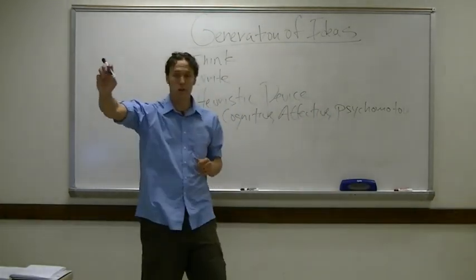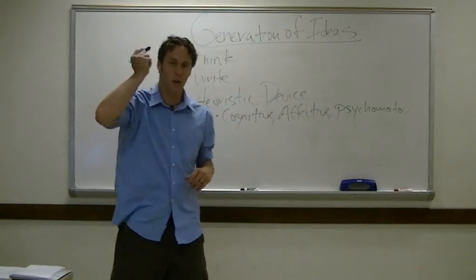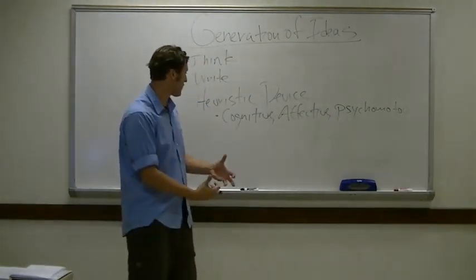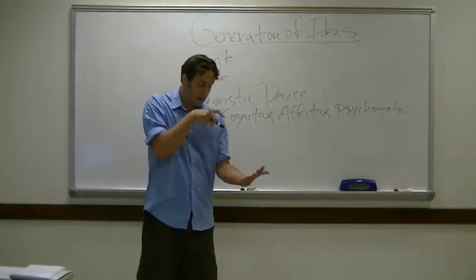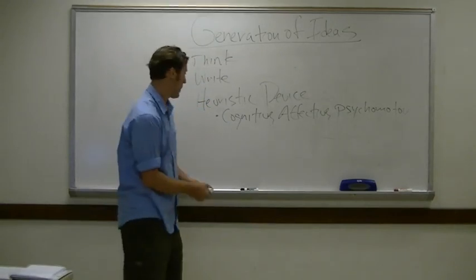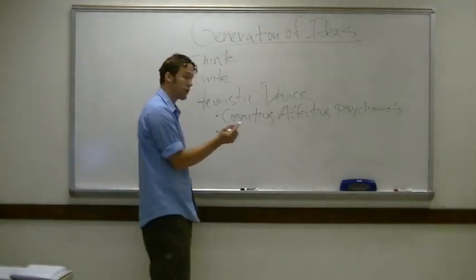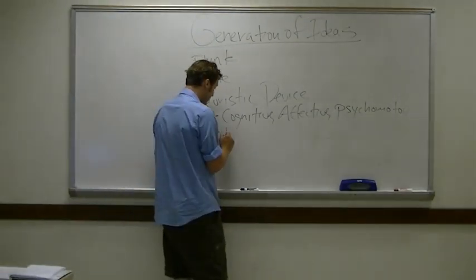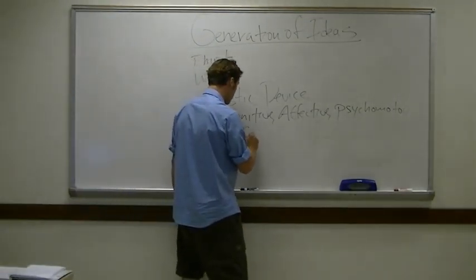So, one heuristic device that as a teacher you can run through your mind is cognitive, affective, psychomotor. So I'm putting my stuff together. Do I have cognitive, affective, and psychomotor components to this training? Do I have all of them? We also have the information, motivation, application, which serves as a heuristic device.